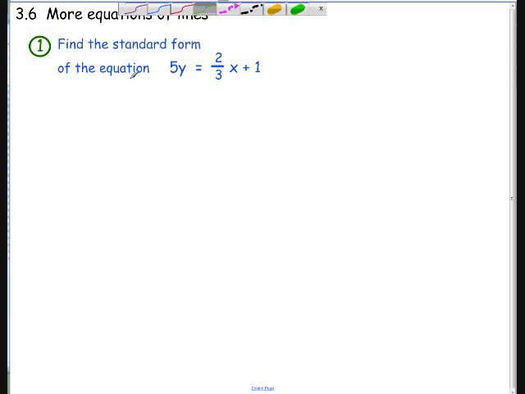Find the standard form of this equation. Standard form is ax plus by equals c, where a, b, and c are integers. Good?